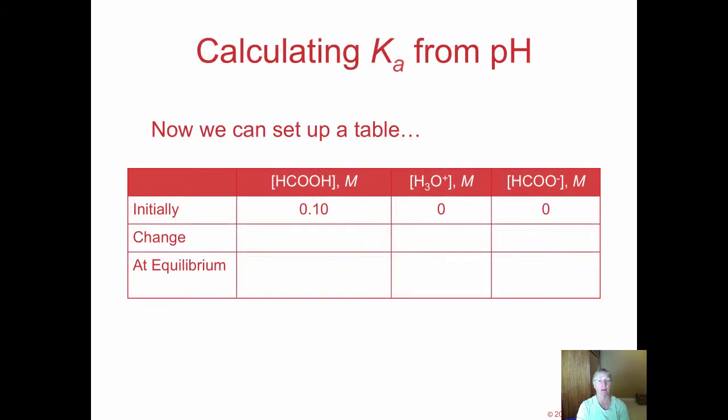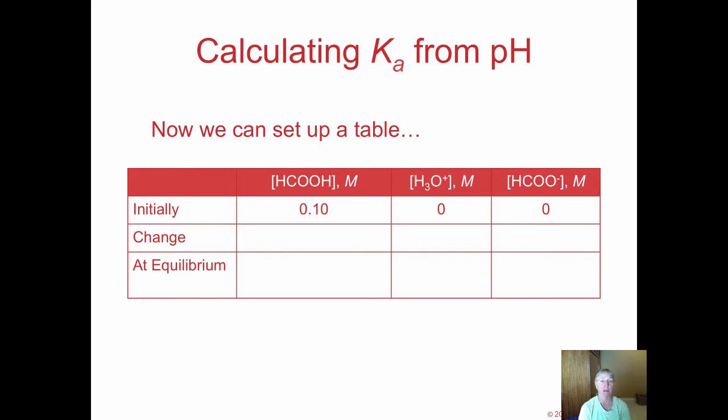So now we have a nice chart. Now in my opinion, I would have set up the equation first, and notice that they've just put at the top of the chart the concentrations. I would have actually drawn an arrow right here, and I would have shown on the left-hand side water reacting with the formic acid, but that's your call. We always ignore the water in the end anyways.